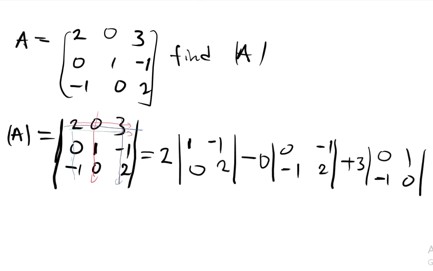To solve further, you have 2 into 1 multiplied by 2 is 2, minus 0 multiplied by minus 1 is 0.